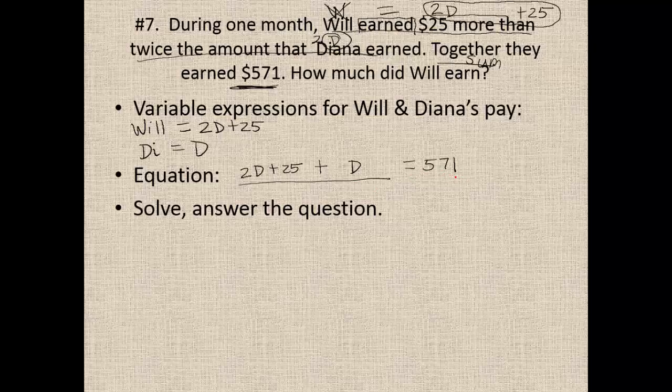Okay? So now we can solve it. We have 2D plus 25 plus D equals 571. When you add those together, you get 3D plus 25 equals 571.